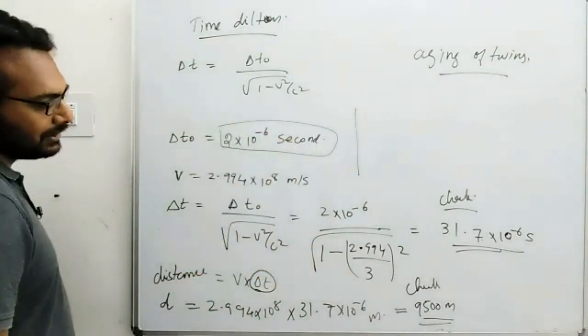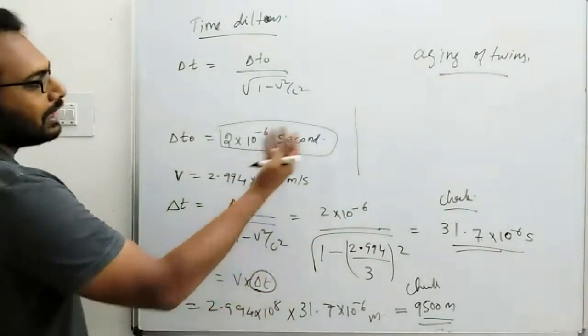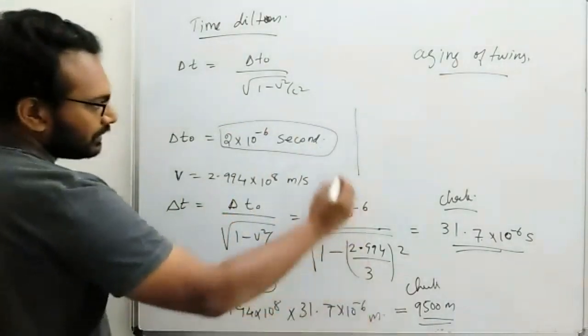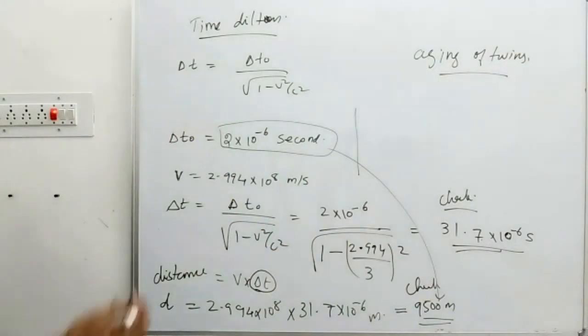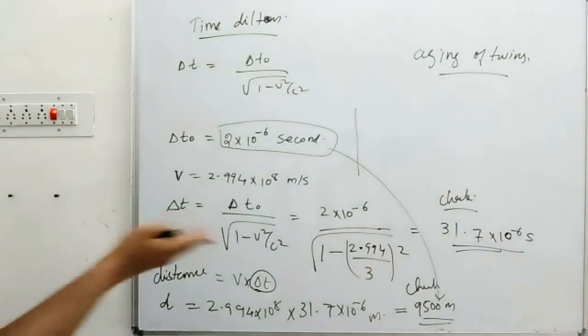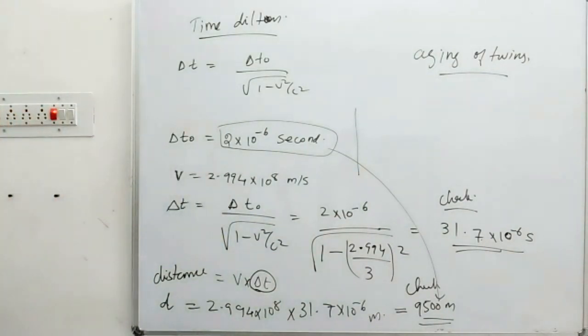It does not change. So you'll see that it cannot travel 9,500 meters. With respect to this muon, it travels a smaller distance, because of length contraction. So this can be explained in both directions.